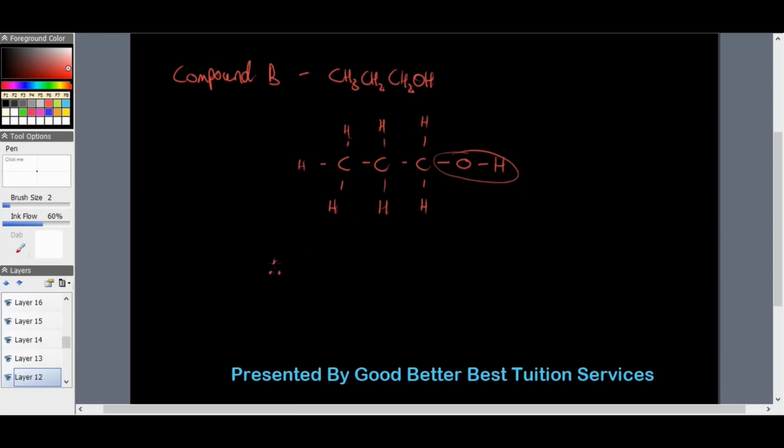Somebody said the answer before: alcohols, with the presence of the hydroxyl group, the OH. So we can clearly see compound B was an alcohol. This was 3.2.